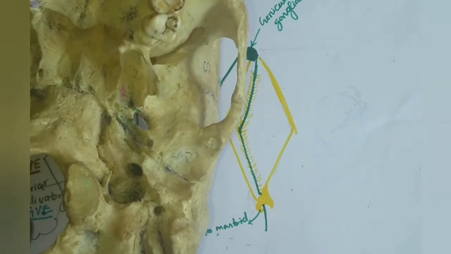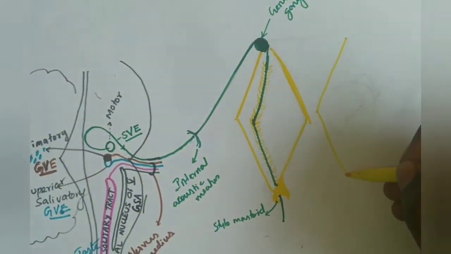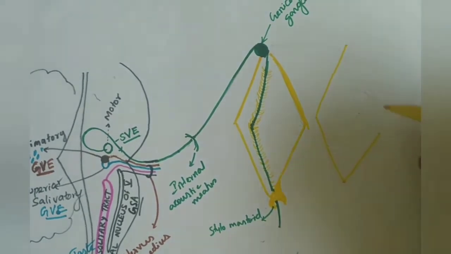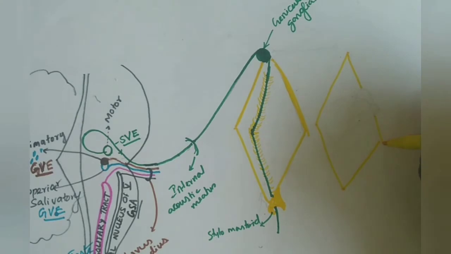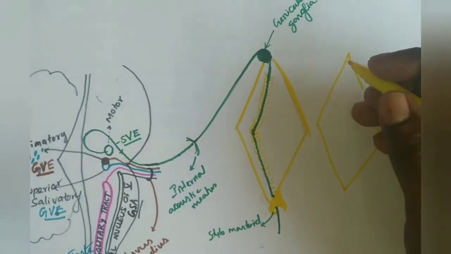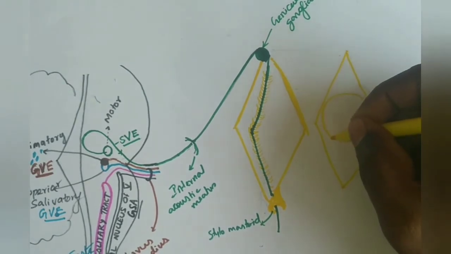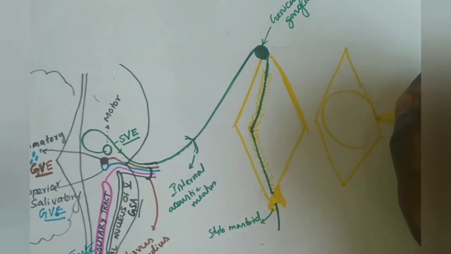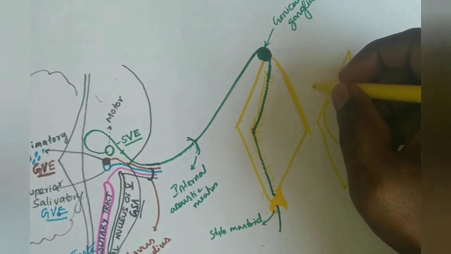Okay. Now we'll draw the rest of the walls of the middle ear. So this is the lateral wall which I am drawing here, the lateral wall of the middle ear. This is the tympanic membrane, and here we'll have one important bone.